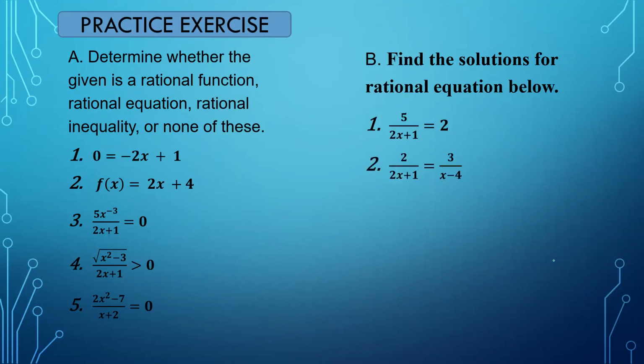Number 2: 2 over 2x plus 1 is equal to 3 over x minus 4. And the last one: 5 over x plus 1 plus 6 over x minus 1 is equal to 7. This will be for your practice. For letter A, you only need to determine if it's a rational function, rational equation, rational inequality, or none of these. For letter B, you need to find the value of the variable x.